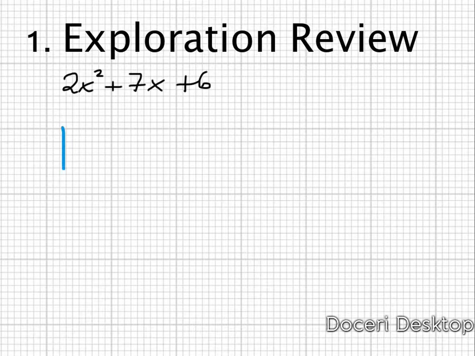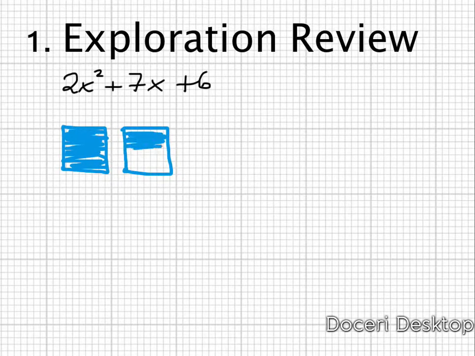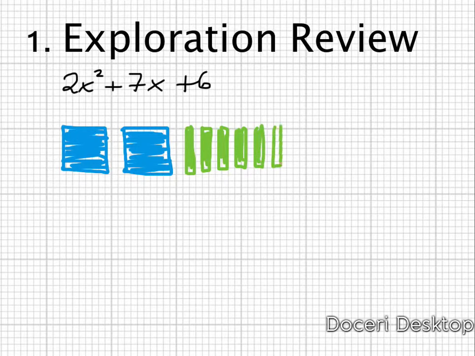So I have 2 x squared boxes. There's one. There's two. I have 7 x boxes. 1, 2, 3, 4, 5, 6, and 7.